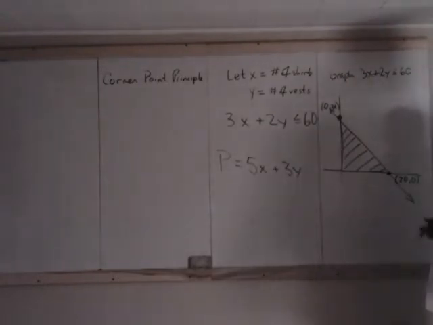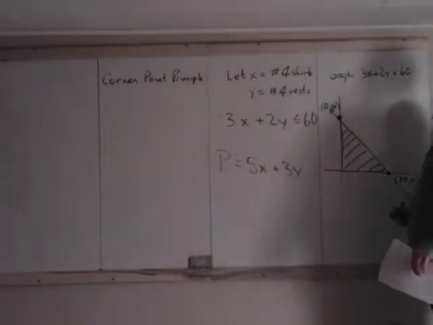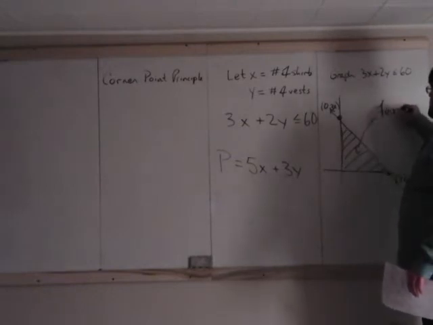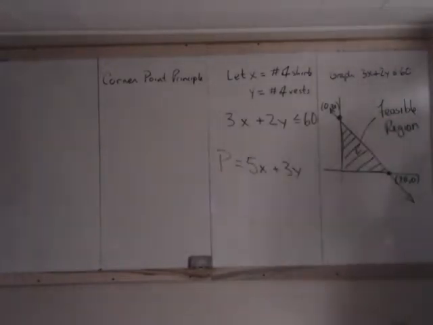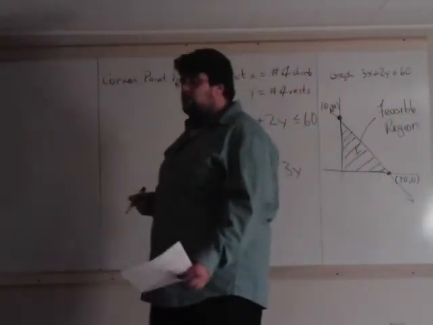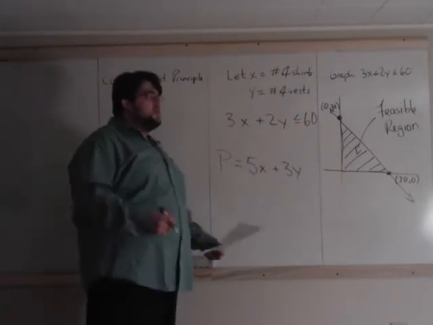So this inequality defines this piece of the graph. This piece of the graph we call the feasible region. So the feasible region occurs where any point within the feasible region can be satisfied by the given constraints that you have.